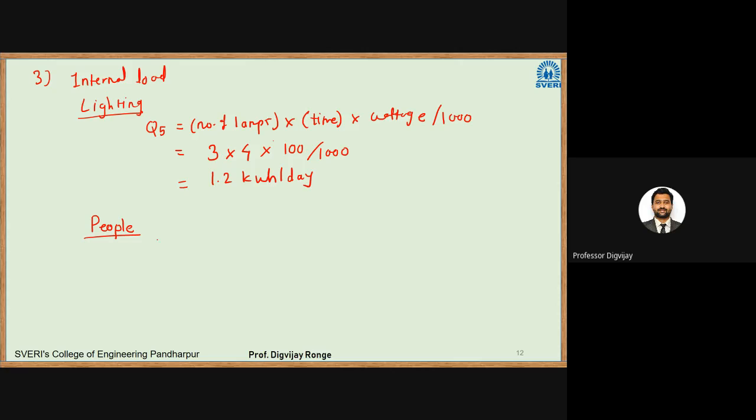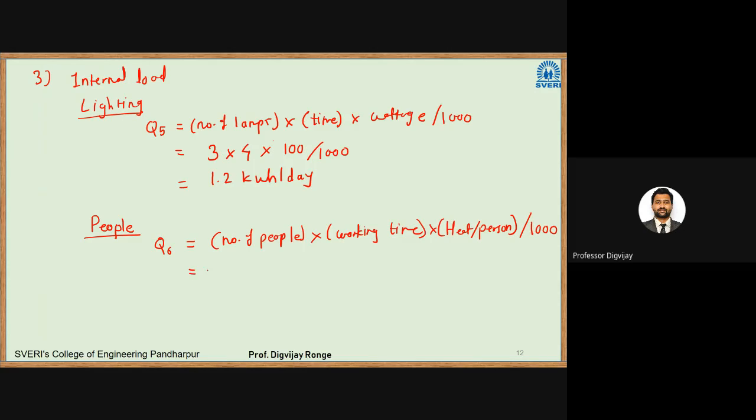So Q6 is equal to number of people into their working time inside the cold room, into heat per person, divided by 1000.